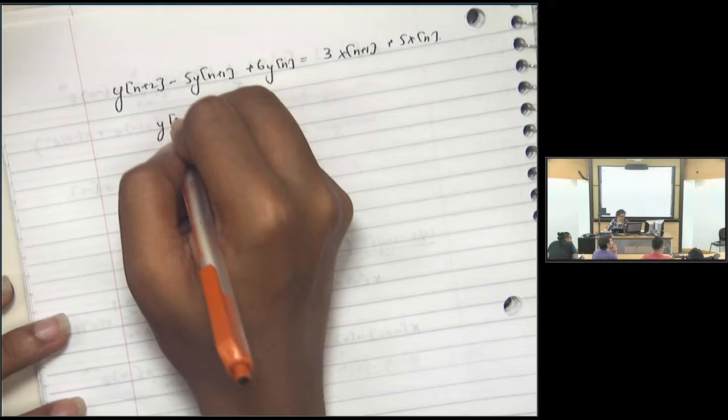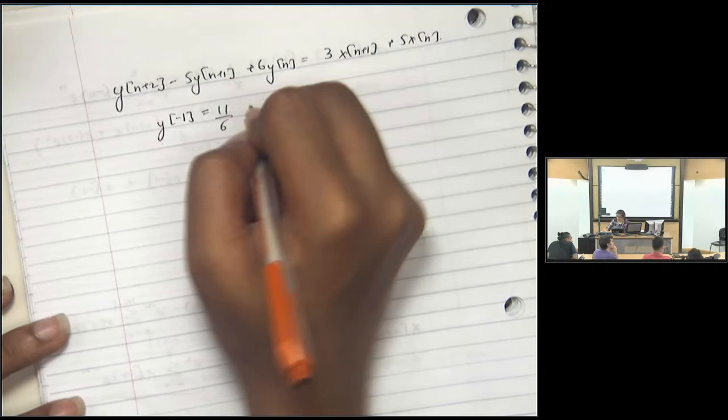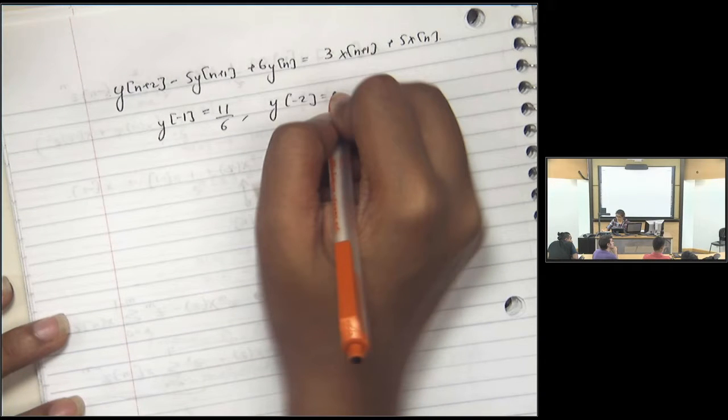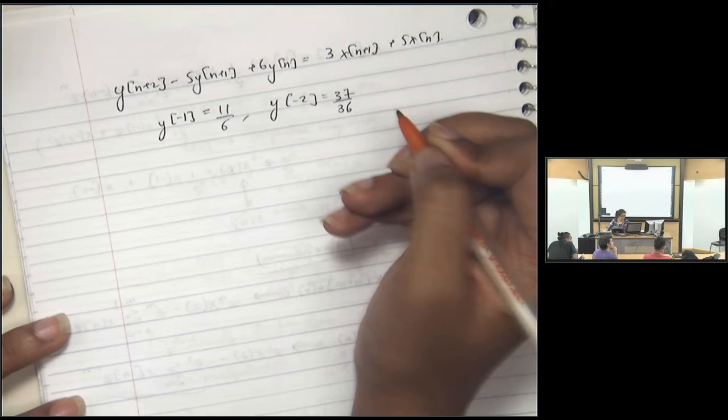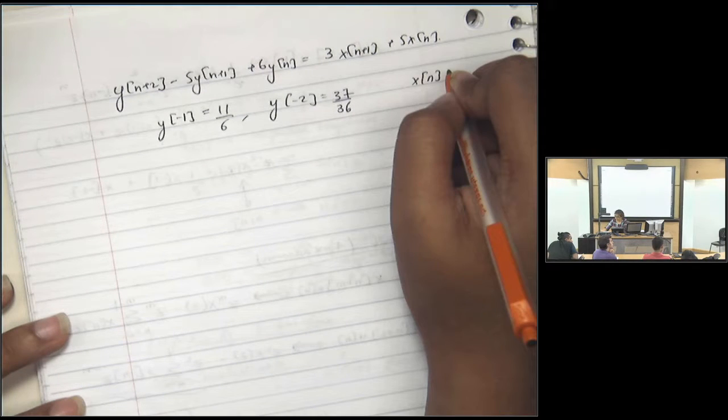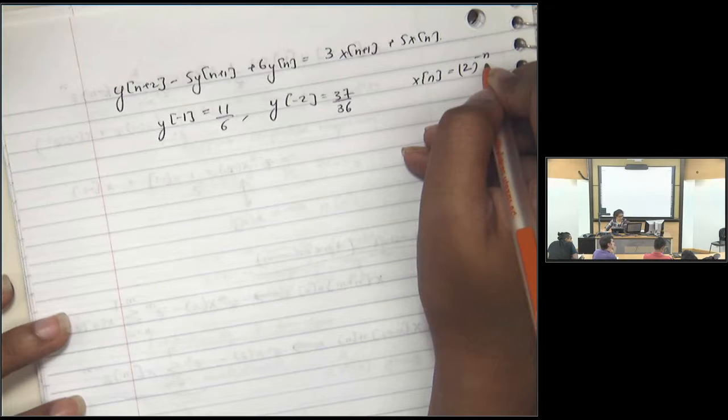Alright, and initial conditions are given to us. That is y minus 1 equals 11 over 6, y minus 2 equals 37 over 36, and x of n equals 2 raised to power minus n u of n.